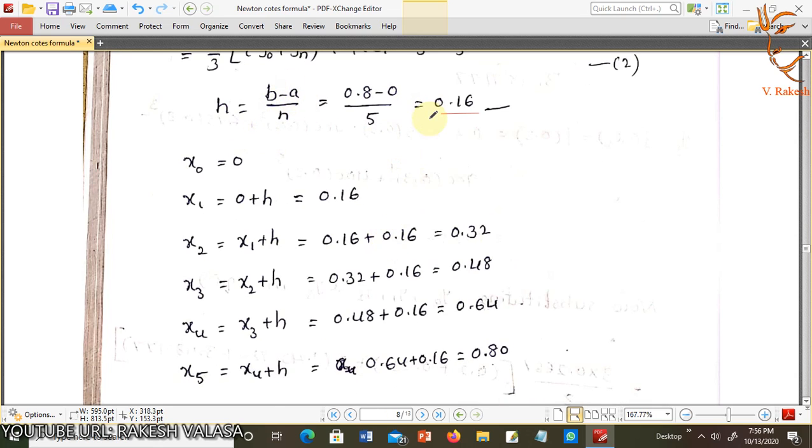Now by using this h you can estimate the x values.